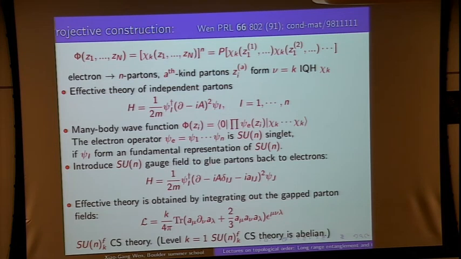Certainly it's a very hand-waving argument, but it's pretty simple; you don't need to do any calculation if you believe it. But if you want to be rigorous, in the large N limit this approach becomes a controlled calculation. When N is very large, this becomes a controlled calculation.